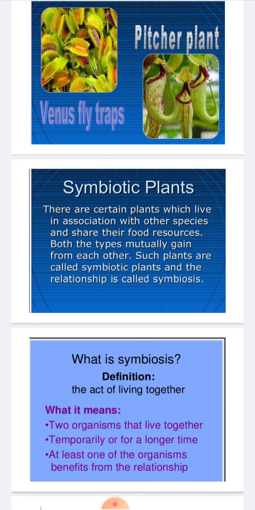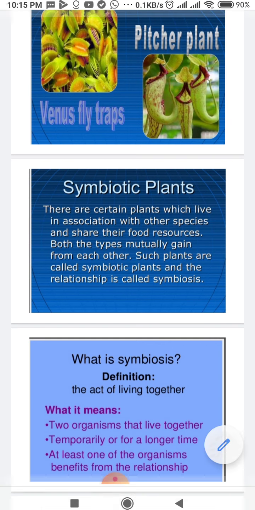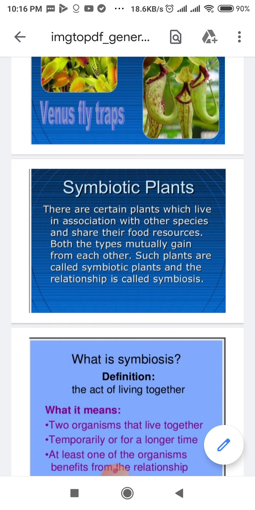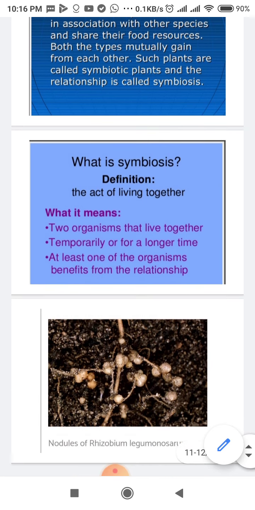So, here two organisms depend on each other for food or shelter. So, what is symbiosis? Symbiosis means the act of living together. Here, two organisms live together temporarily or for a longer time. At least one of the organisms benefits from the relationship.